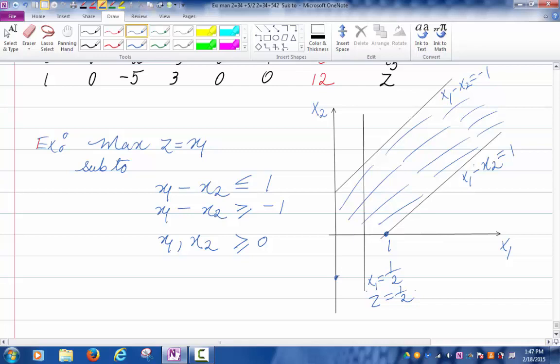Now, just because I have an unbounded region doesn't mean there is no optimal solution. Can you give me an example of a problem where the feasible region is unbounded, but there is an optimal solution? Just look at my example and change something. Someone please change something in my problem and make it have an optimal solution.